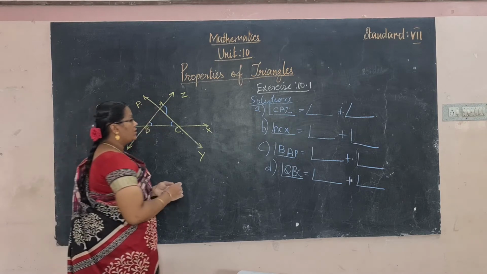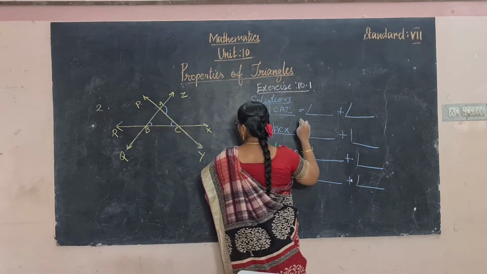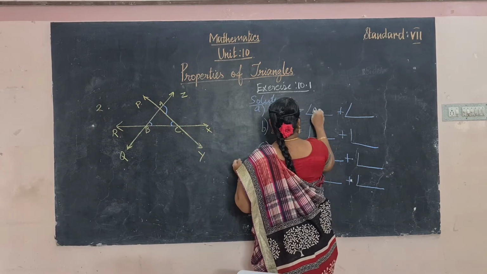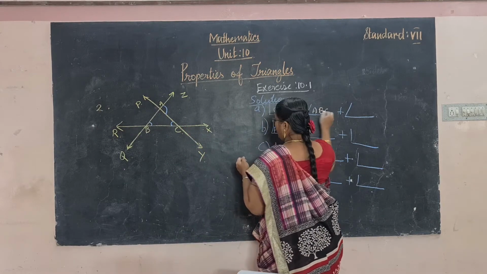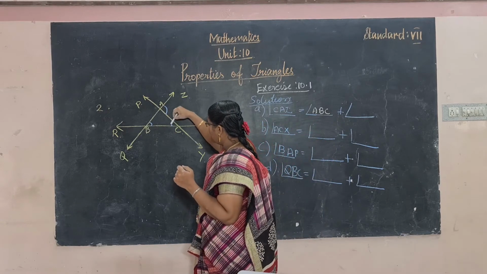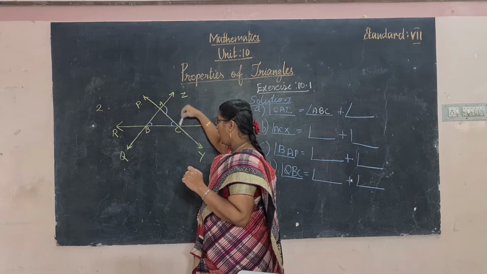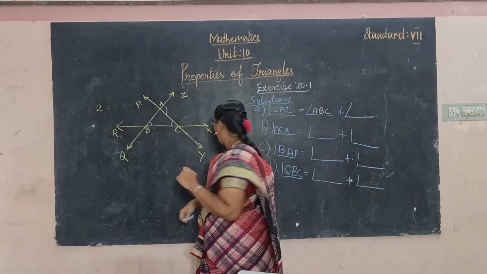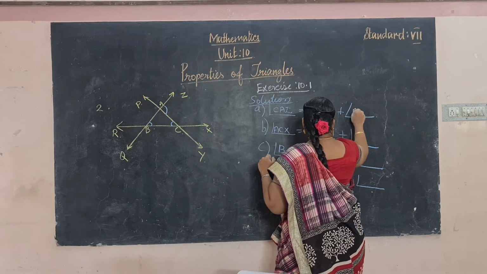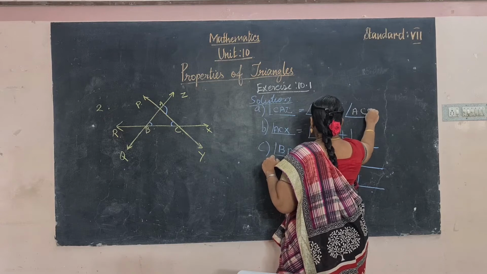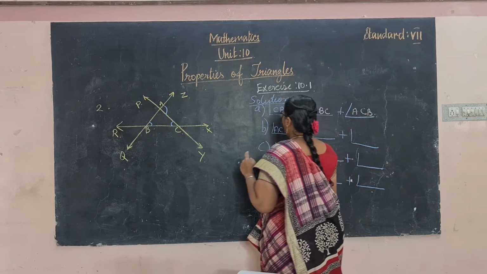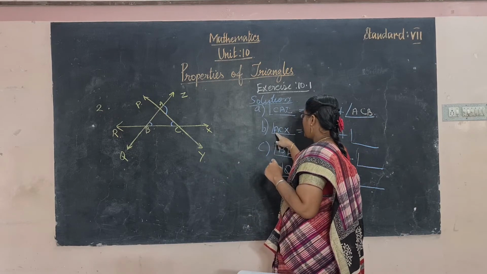ABC, is it? How will you write? ABC. And the next interior angle is BCA or ACB. Okay, ACB. That's all.